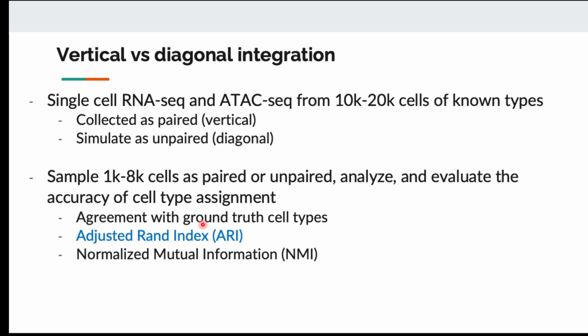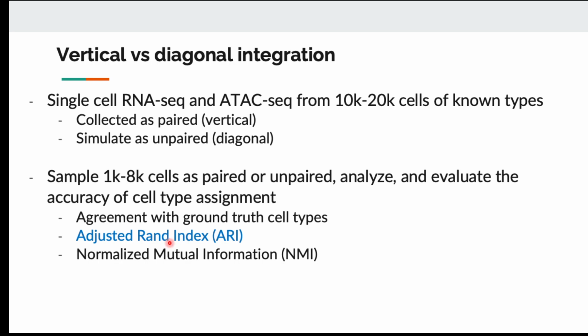And here I would like to introduce you to one of the ways to compare cell type assignment between two samples. Because in this study, they know the ground truth because these are known cell types. And they perform cell type annotation twice, on vertical and diagonal integration. And they want to compare whether they are consistent or different from each other.